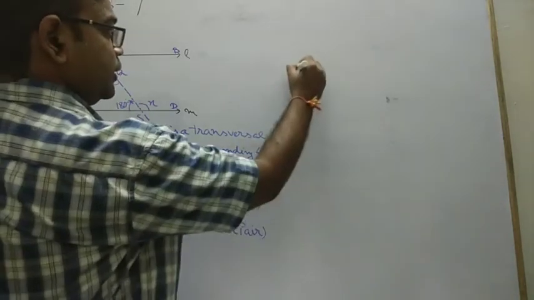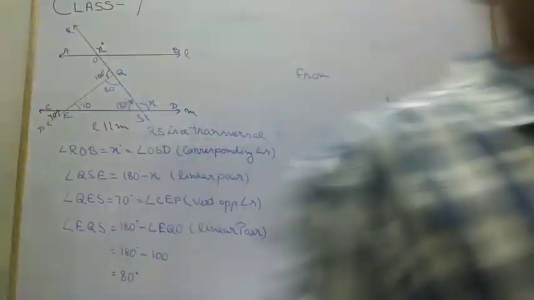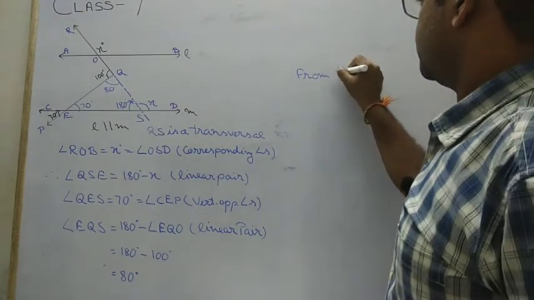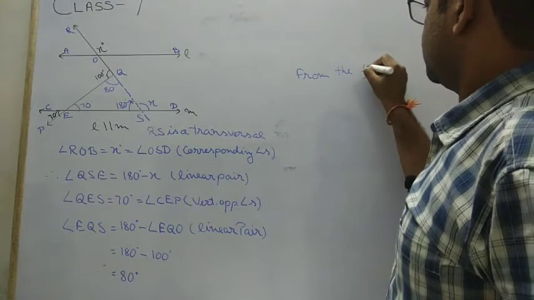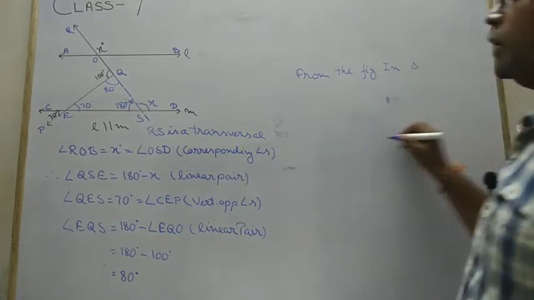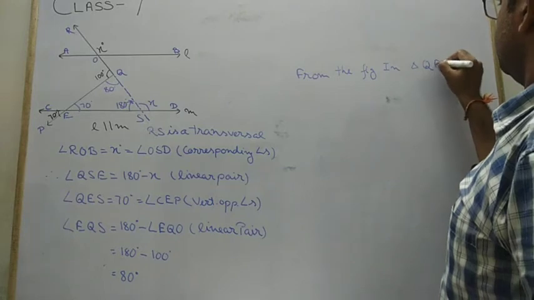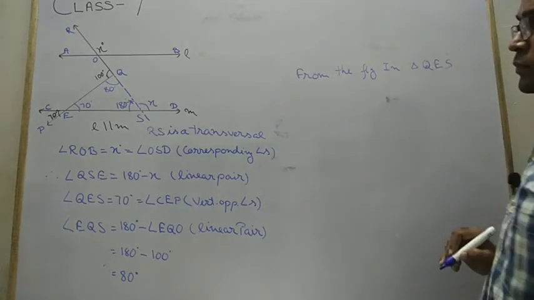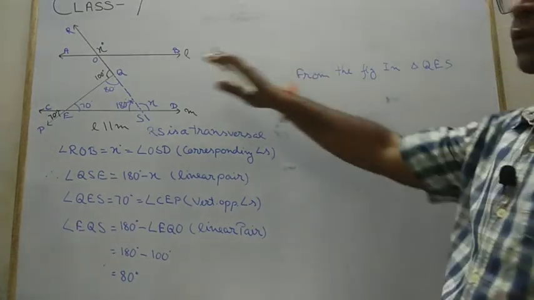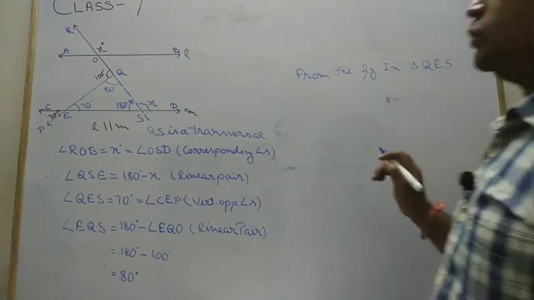So here, from the figure, in triangle QES, as we know that the sum of all the interior angles of a triangle equals 180 degrees. So let's start.